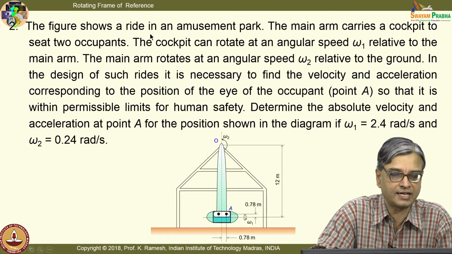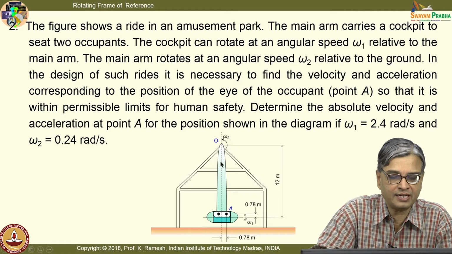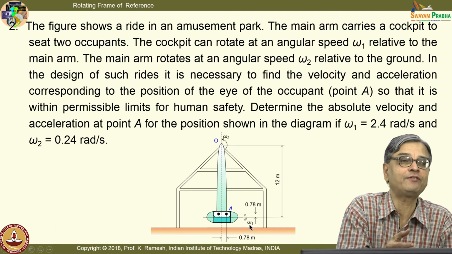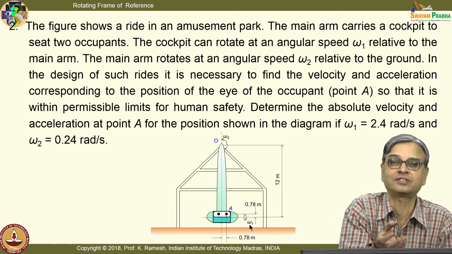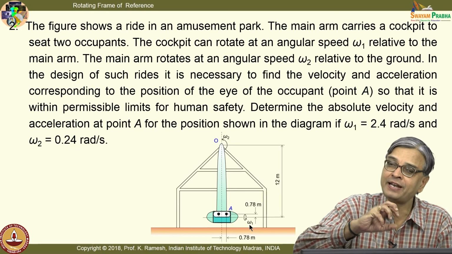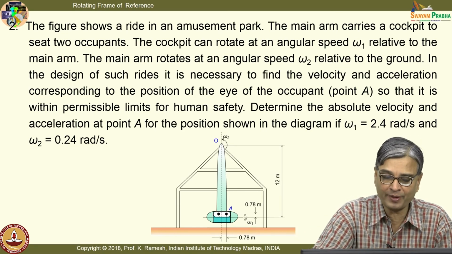So, this shows a ride in an amusement park, and what I have here is a main arm, to that you have a cockpit attached, and this cockpit has a circular motion of omega 1. When I physically construct it, I will have an arm, a motor with a gearbox attached to this, and I would be able to independently measure the value of omega 1.